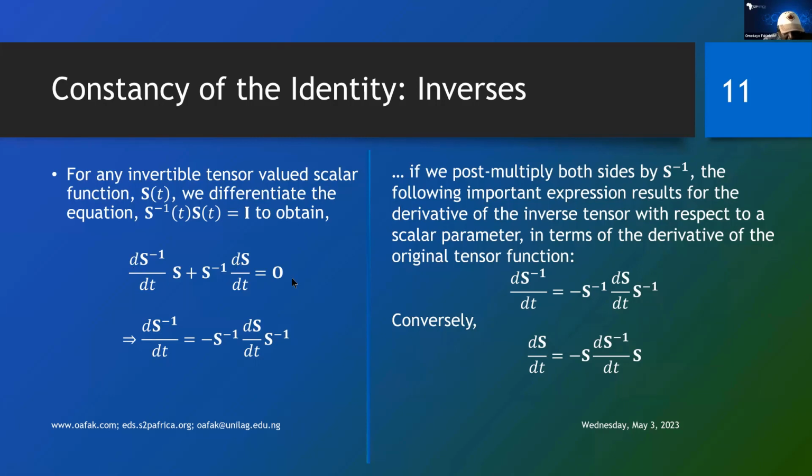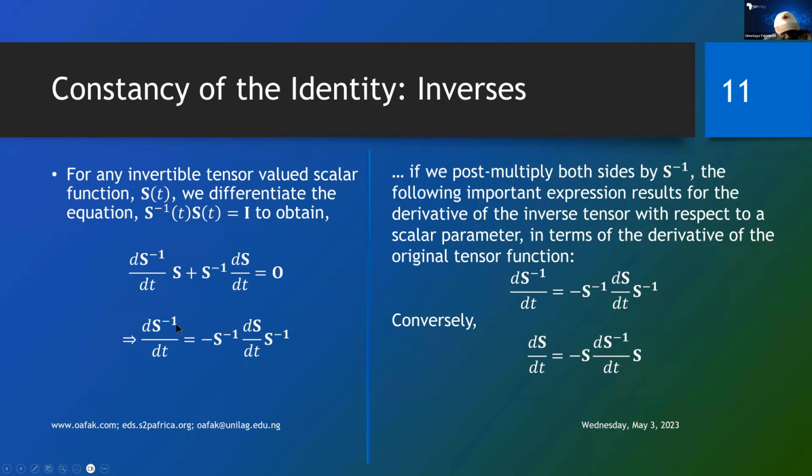If we transfer this to the right-hand side with a minus, and then post-multiply both sides with S inverse, we have this expression. So you can express the derivative with respect to T of an inverse tensor in terms of the tensor's derivative itself, multiplied on both sides by S inverse, with a negative sign.